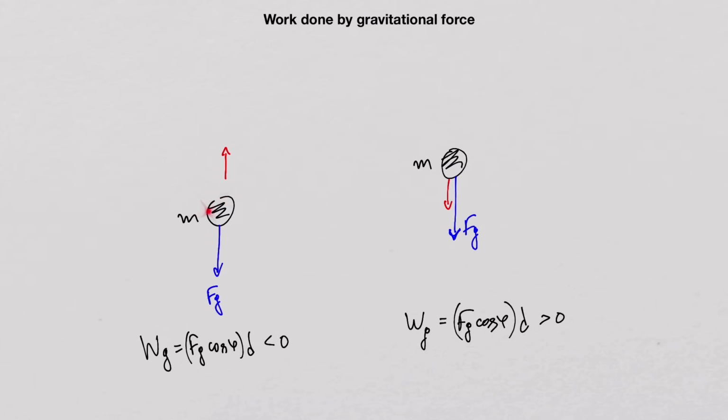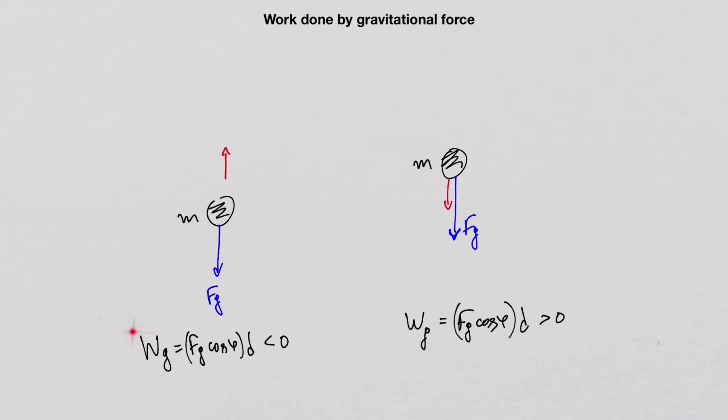Consider an object with mass m that is tossed up in the air, and it's under the action of only the gravitational force. So the displacement of this object is vertically up, but the gravitational force is directed vertically down towards the center of the Earth.